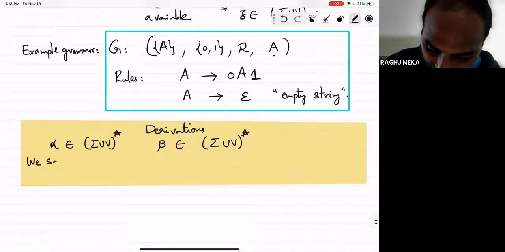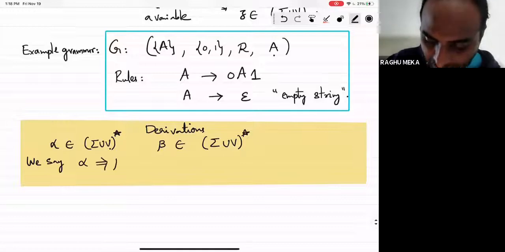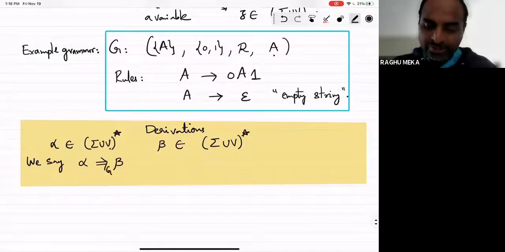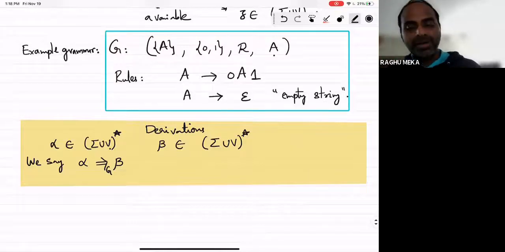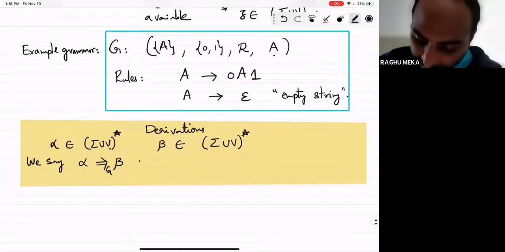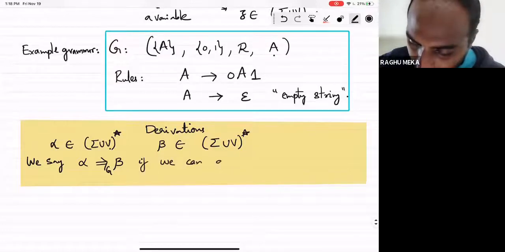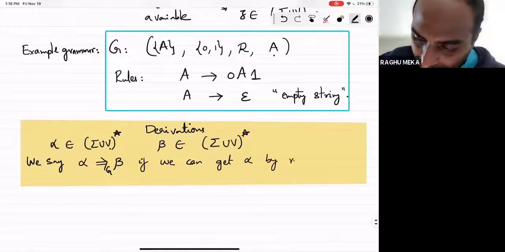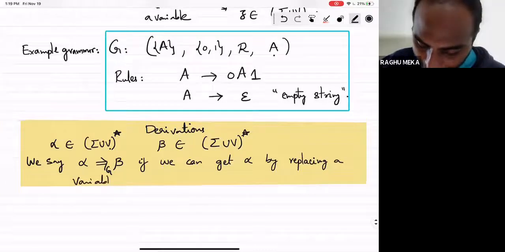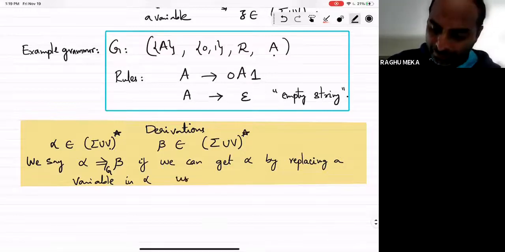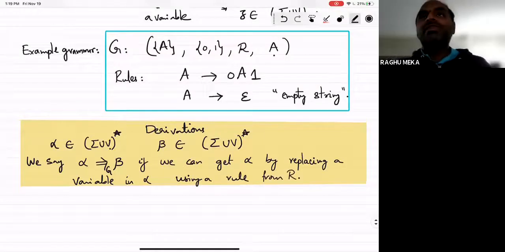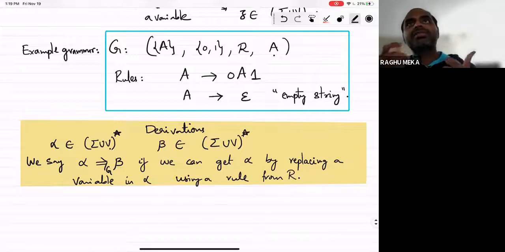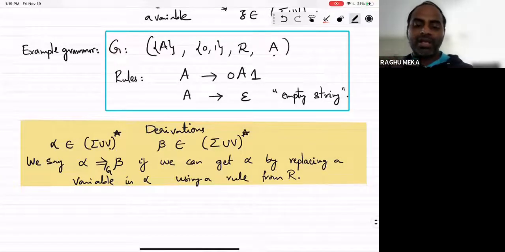We say alpha implies beta, or within the grammar G, we can derive the string beta from alpha, if there is some rule which, when I apply it to alpha, I get beta.